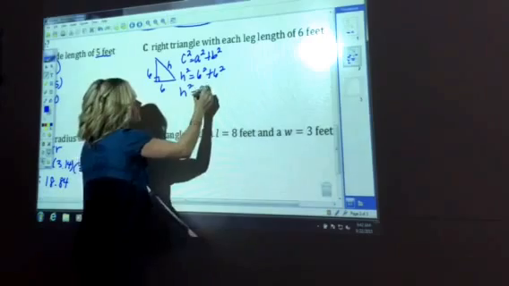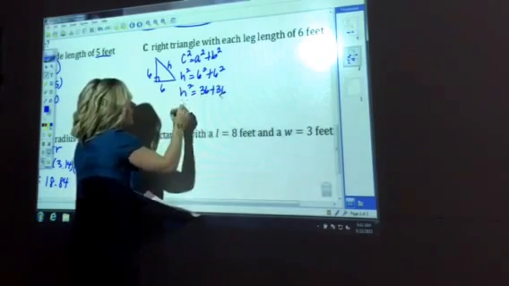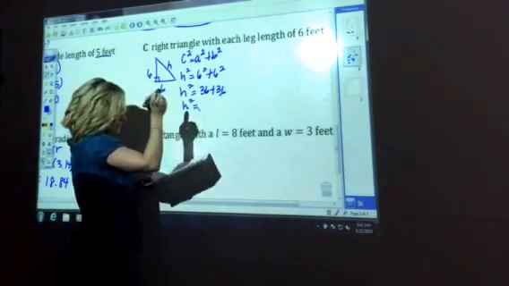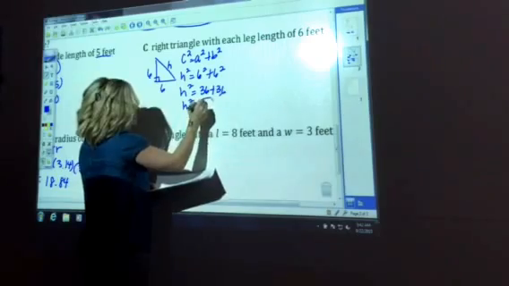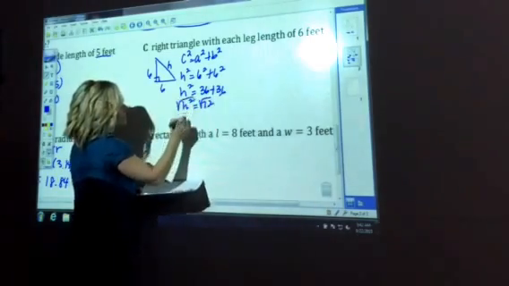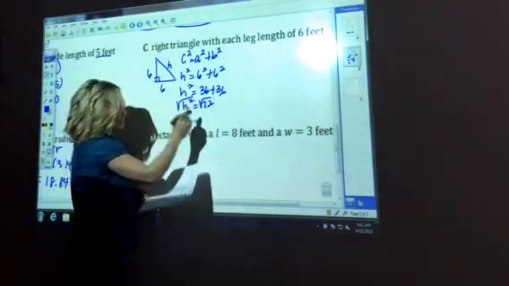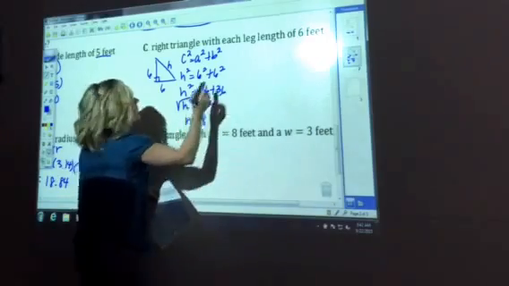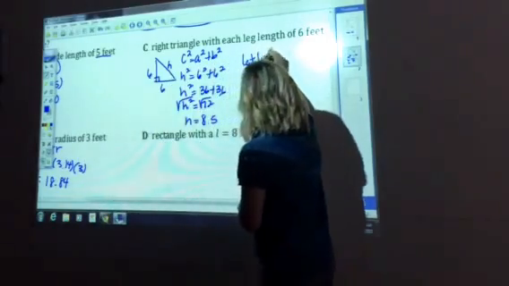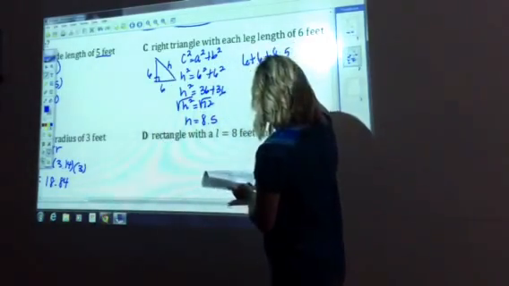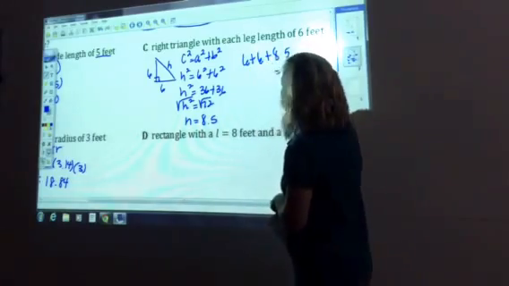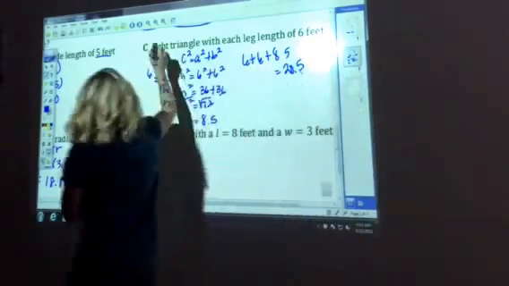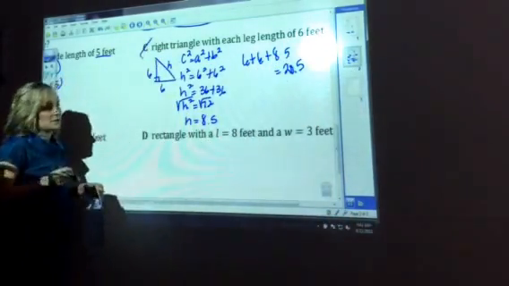H squared equals 36 plus 36, so h is the square root of 72. You take the square root of it, so h would give us 8.5, okay? When I add up 6 plus 6 plus 8.5, that's going to give us 20.5. Again, we're using just 19, so C could not be our answer.